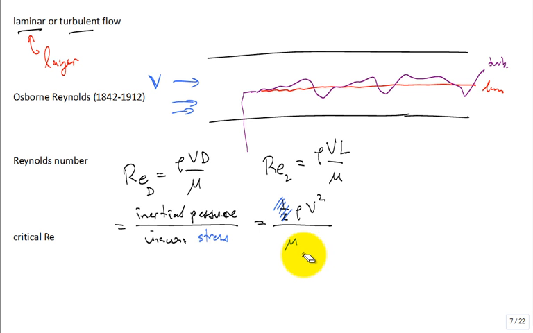So instead of a derivative, I just say v minus 0 over some distance. It's probably 0 at the wall, no slip, and some speed in the middle. Just call it v: v average, v max. They're related by some constant, typically 79%, 50%, something like that. So it's v over L. So what you have is rho, cancel one of the v's, bring that L up, so rho VL over mu. Guess what we have? Reynolds number.